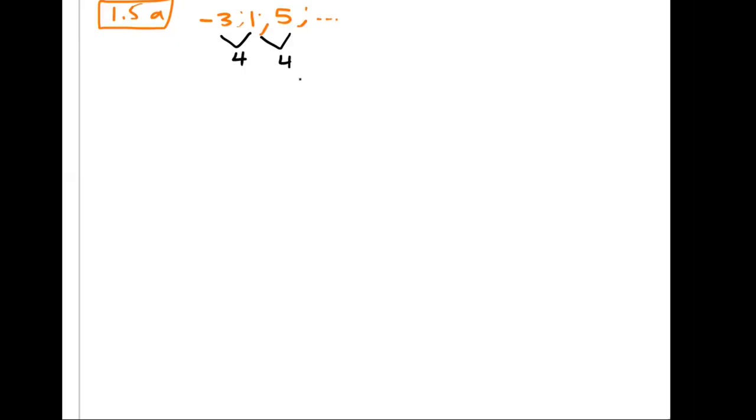So when they ask you, write down the 5th term of the sequence, the first thing you would do is you'd say, okay, 5 plus 4 is 9. And then 9 plus 4 is 13. So when they ask you, give the 5th term of the sequence, then T5 is 13.